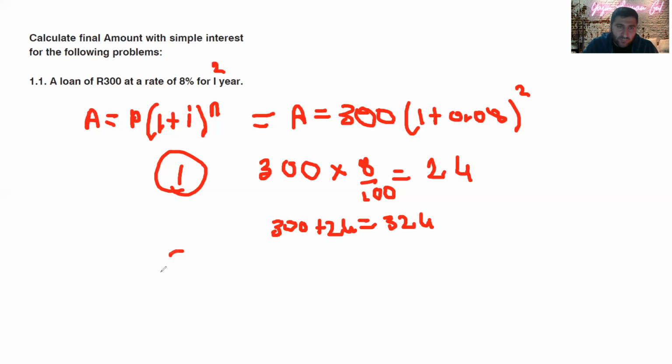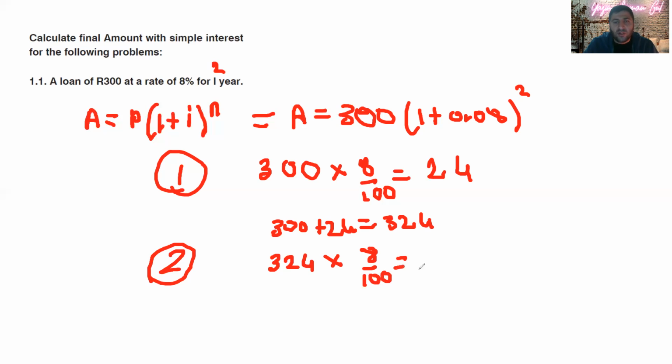So year 2. Remember, for simple interest, I just add another 24 for the second year, and for the third year, another 24. But compound interest is not like that. For compound interest, I'm going to say the accumulated amount is this 324. Now I take this accumulated amount times 8 over 100.